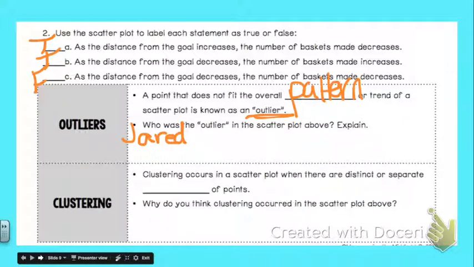You can see that he was at 15 feet, or it looks like 14 feet, and scored 4 baskets, and he was the first one.